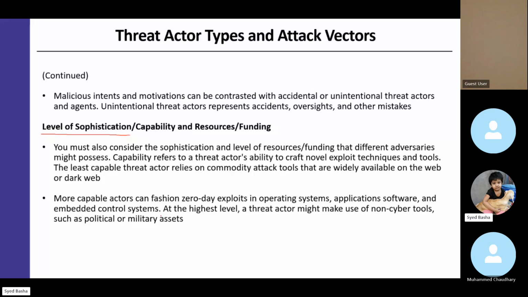We call it nation state. This is a kind of nation state attack, where the nation itself funds and arms the cyber criminals or hackers to attack their enemy countries.